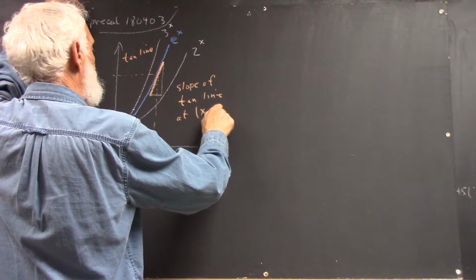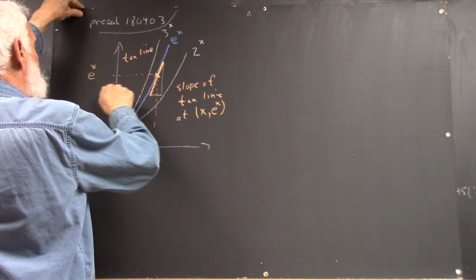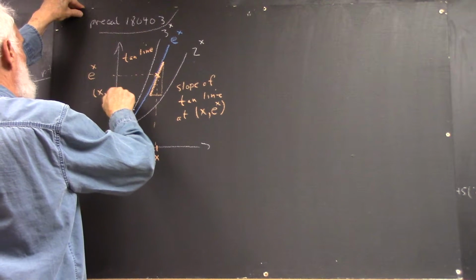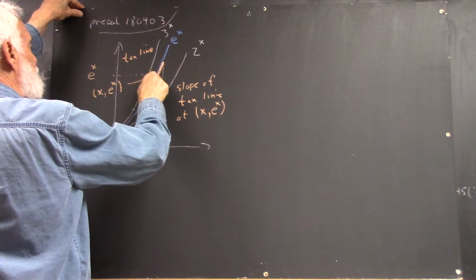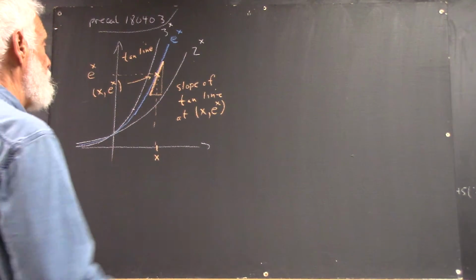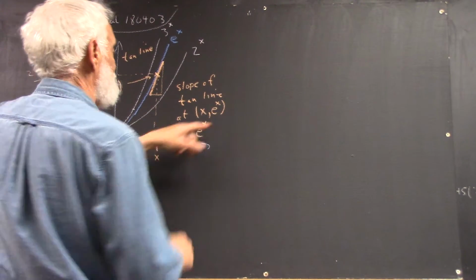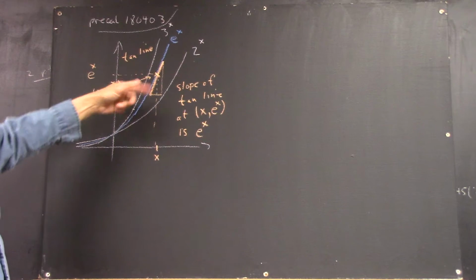So we have the point x, e to the x. That's the coordinates of this point here. So what do you think the slope is? Well, you wouldn't know. It's the same as the value of the function. The slope is the same as the y value.